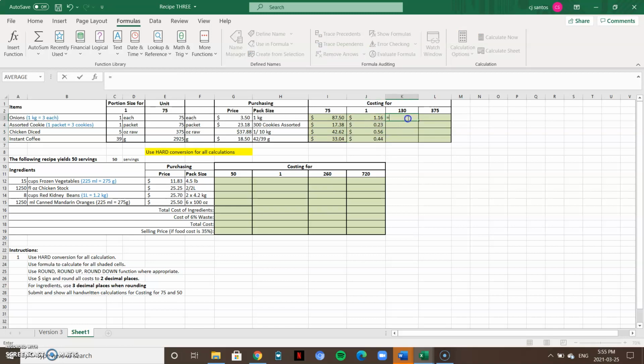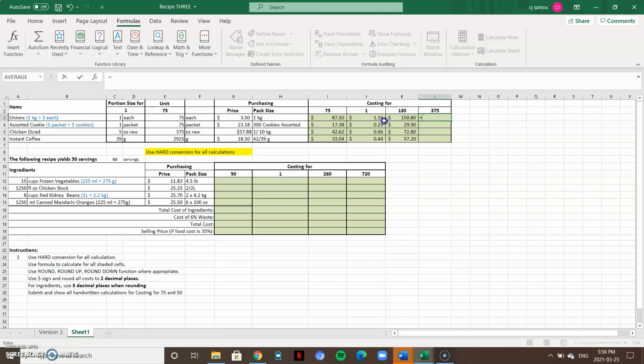And same thing for this, for 130, so 116, multiply that by 130, F4, that should give you this, $150.80. Drag it down, it will fill in the blank.